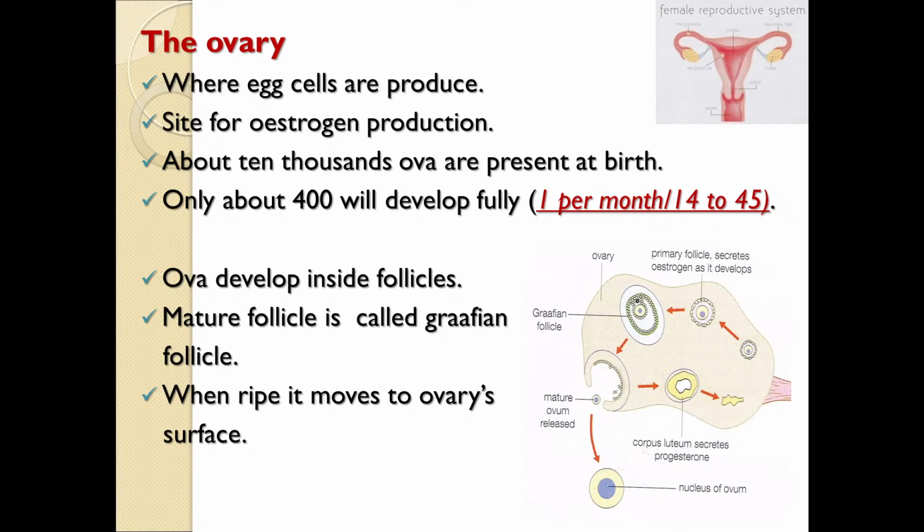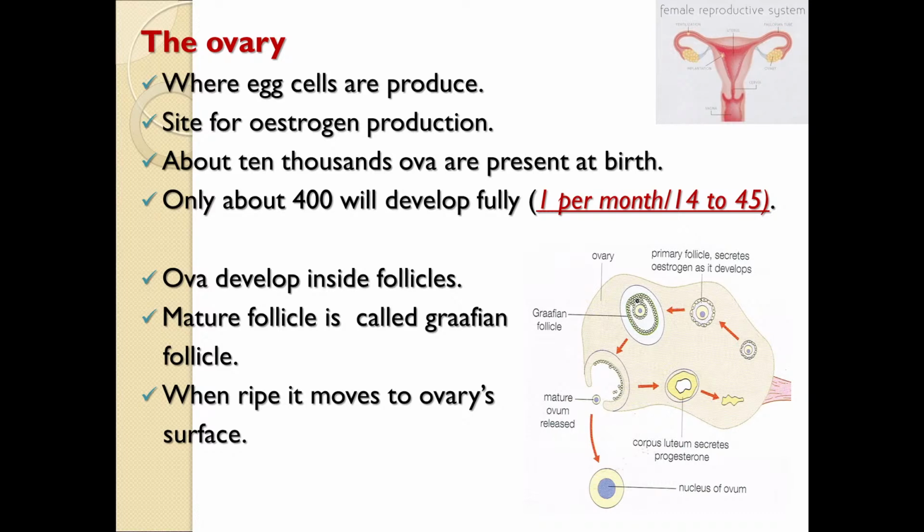And those 400 normally mature start from about age 12, age 13 thereabout, which is what is known as puberty, straight up to approximately anywhere between age 45 and 50. That is why there is something called menopause.